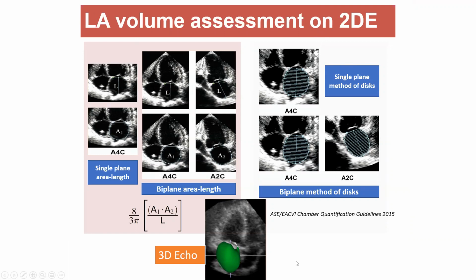Again, two methods are reviewed in the chamber quantitation guidelines. The preferred method is the biplane method of discs. It's certainly preferred to single chamber measurements and measurements using the biplane area length methodology.